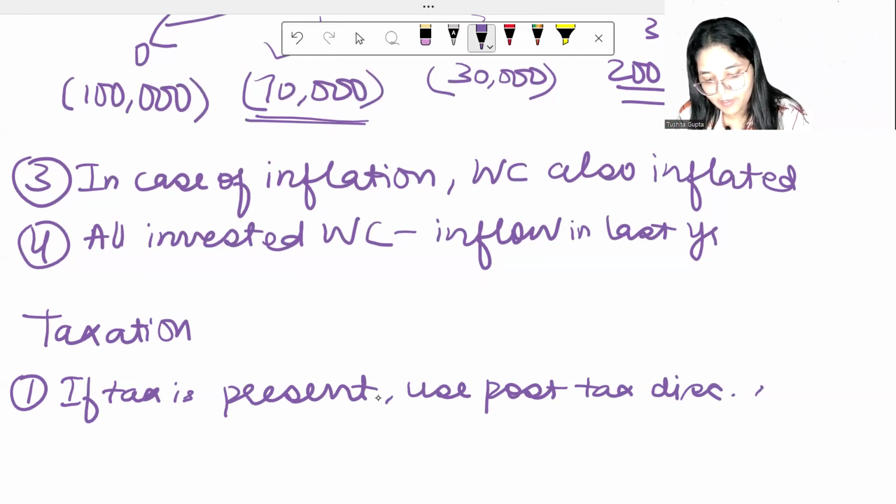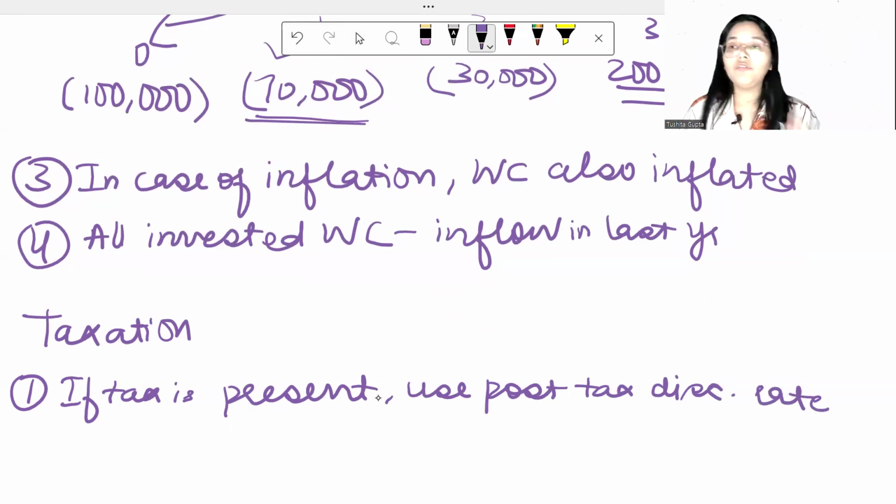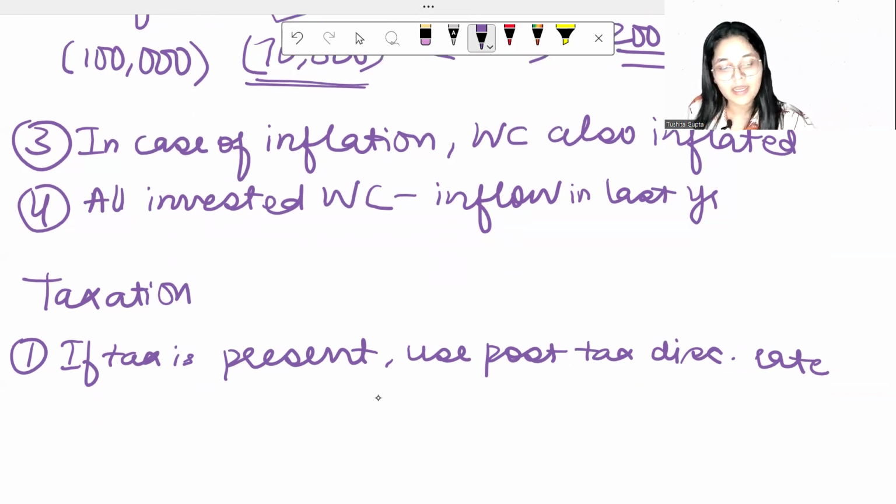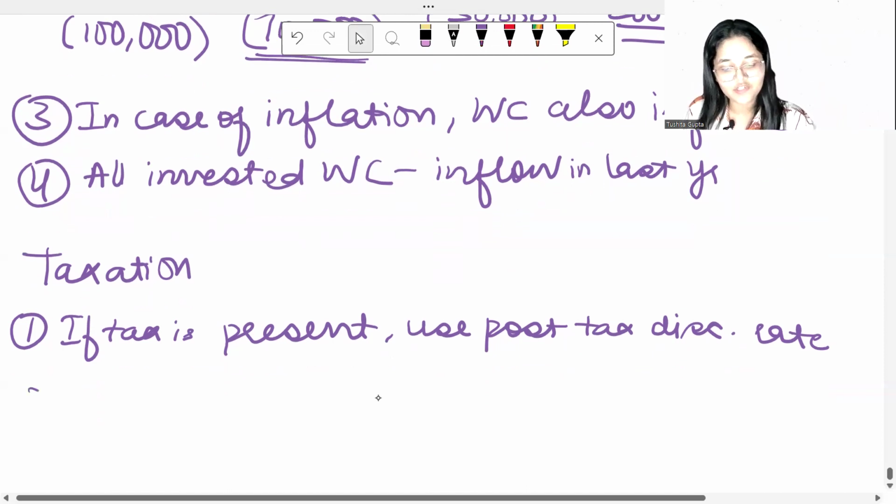There may be a scenario where in your question you have two discount rates given to you, one pre-tax and one post-tax. So if taxes are levied on your cash flows, make sure that you're using the post-tax, after-tax discount rate in your NPV calculations.